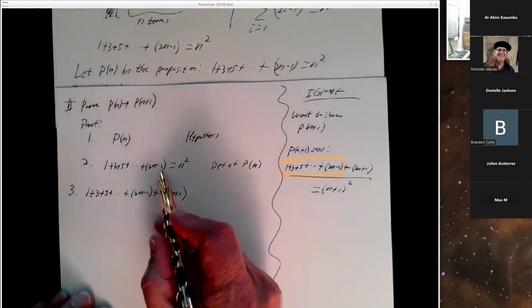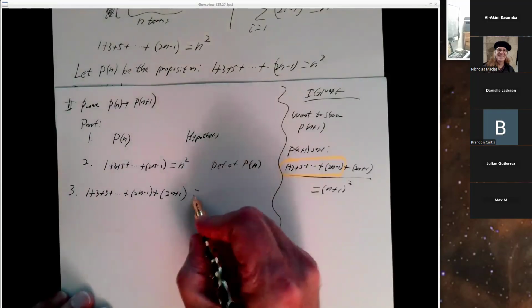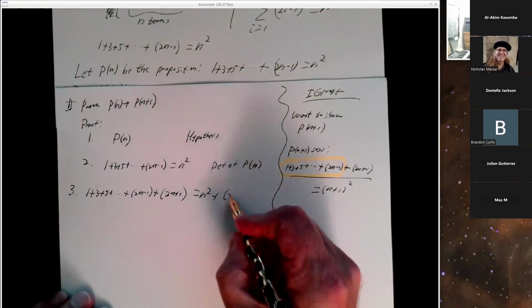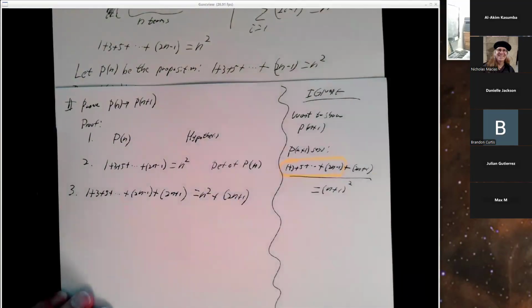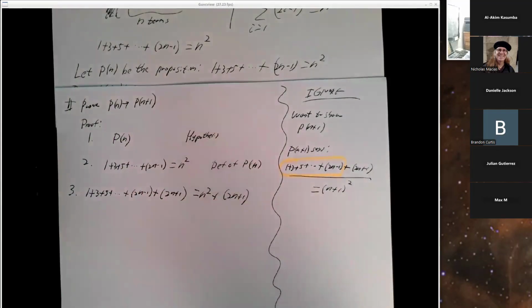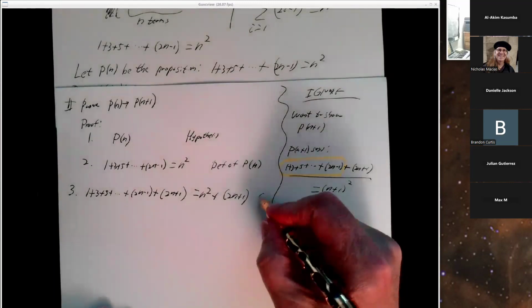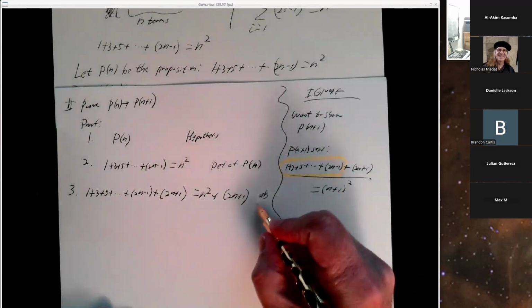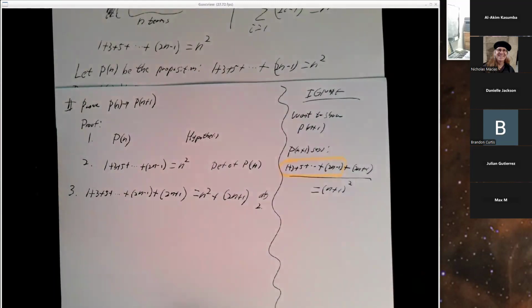But if I add something to the left side, I have to add it to the right side also. And as long as I'm adding the same thing to both sides of an equality, I don't have to explain it. I don't have to say why I added 2n plus 1. I can just say, that's algebra and proposition 2.